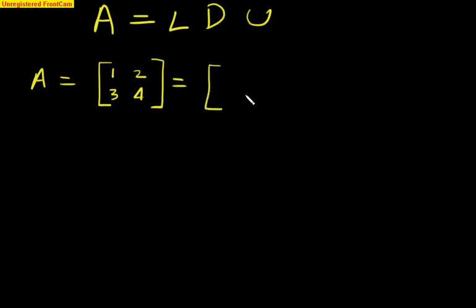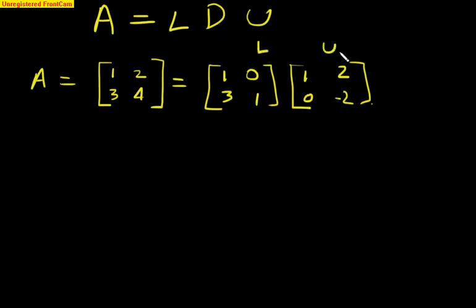I will give you L and U of this matrix: L is 1 0, 3 1, and U is 1 2, 0 minus 2. Okay, this is L, and this is U.